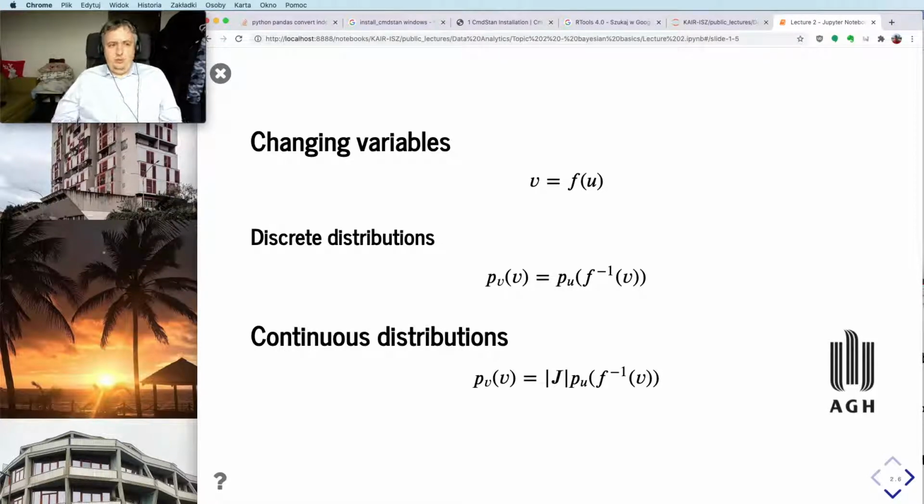In the case of a continuous distribution, we have the issue that integrals and derivatives have to hold. So in such a situation, a change of variables requires us to also add the Jacobian, the determinant of the Jacobi matrix of the transformation here. The Jacobi matrix is a matrix of first partial derivatives. If it's a scalar distribution, it's just the absolute value of the derivative, by which we need to multiply our computation here.